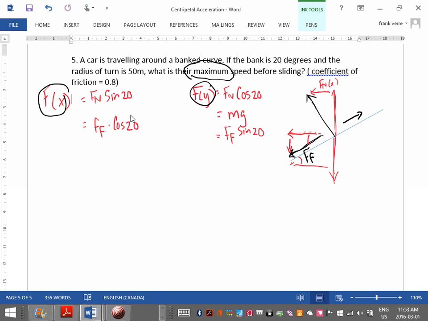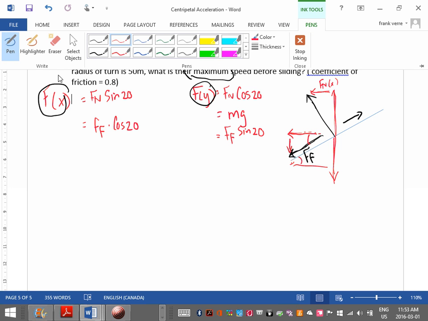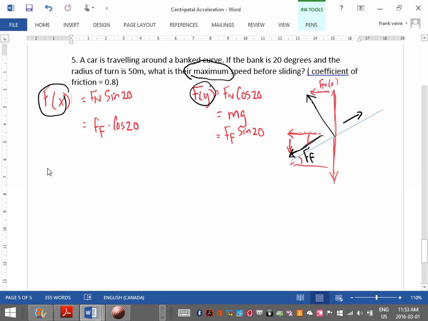So this is what we know. We know that the net force has to be 0 because there is no vertical acceleration up and down. So this is what we know about the net force along the y. Okay? So along the y, the net force is 0, right? Which means that these have to add up to 0.